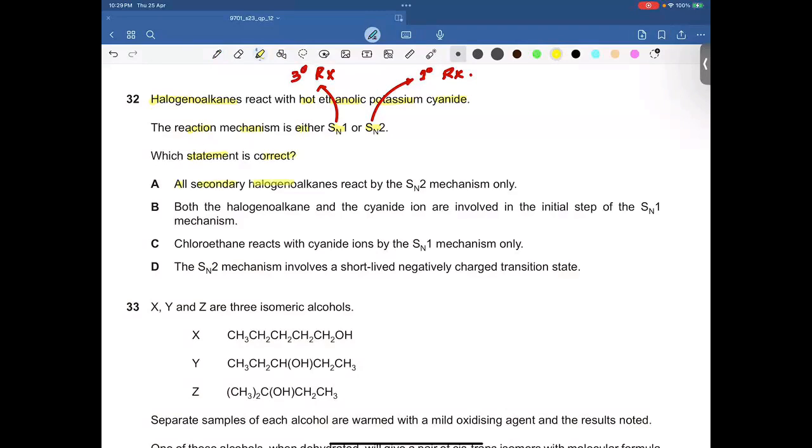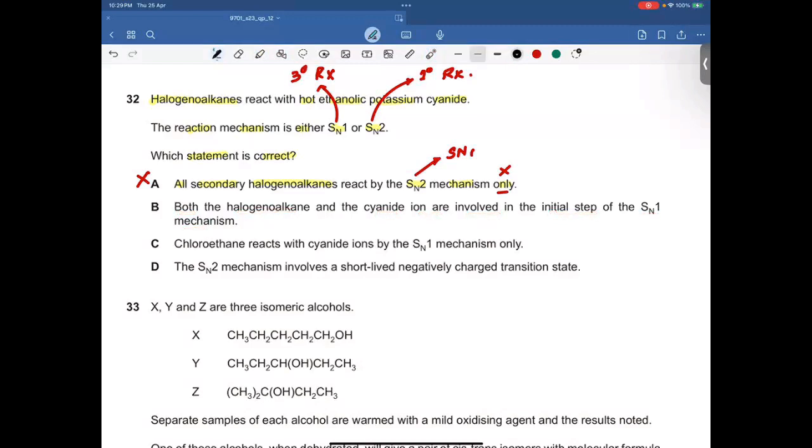All secondary halogenoalkanes react by SN2 mechanism only is incorrect because secondary halogenoalkanes can also undergo SN1 mechanism, which means A is incorrect. Okay, next is both the halogenoalkane and cyanide ions are involved in the initial step in SN1 mechanism.